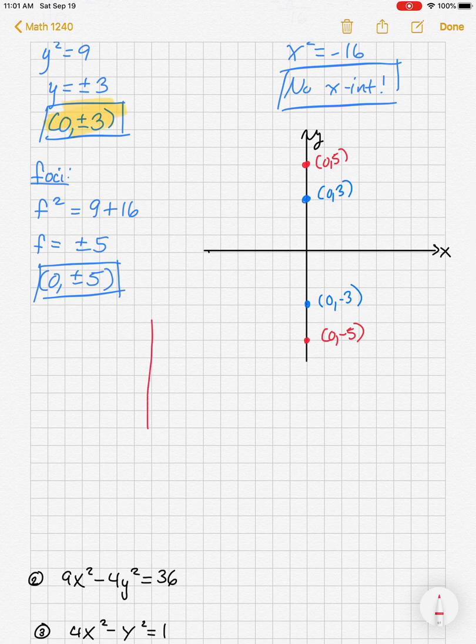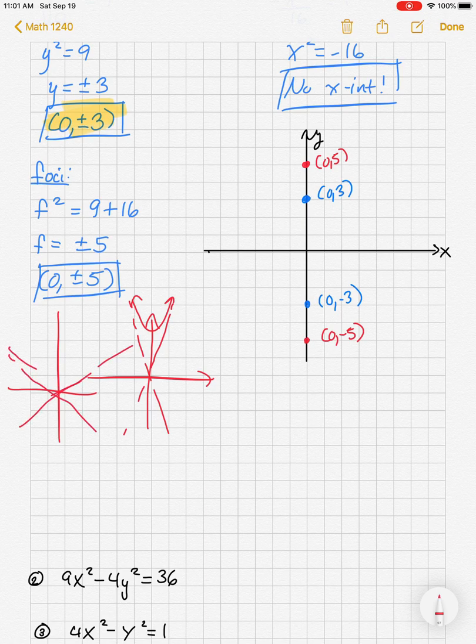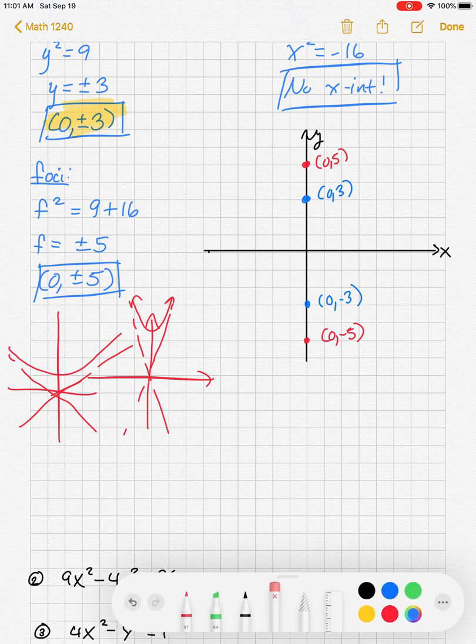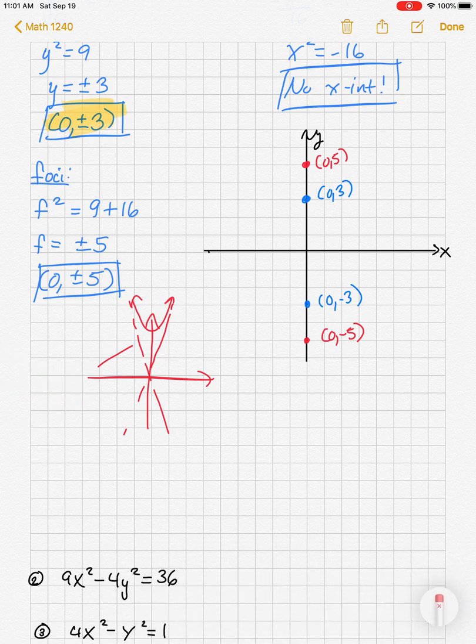Roughly, if I have asymptotes like this, then my hyperbola is like so, right? Versus if I have asymptotes like way down here, my hyperbola is really wide. So depending on those asymptotes, that's what tells me how wide or how narrow that hyperbola is.